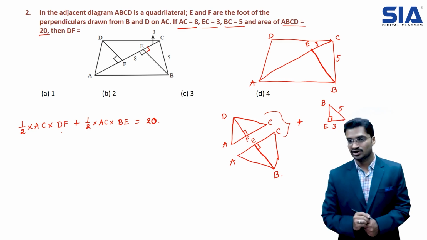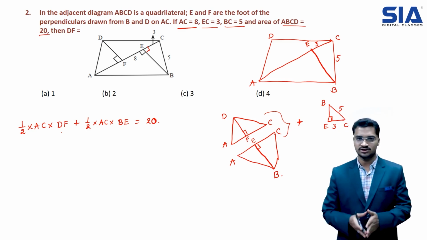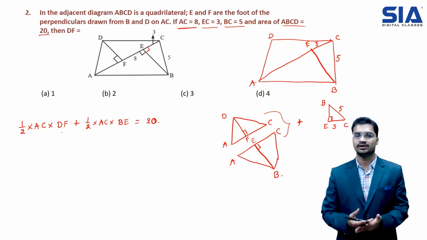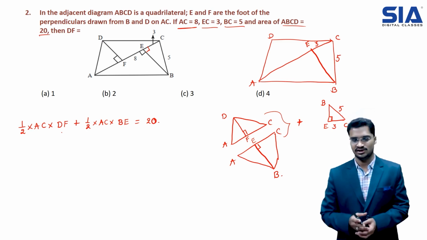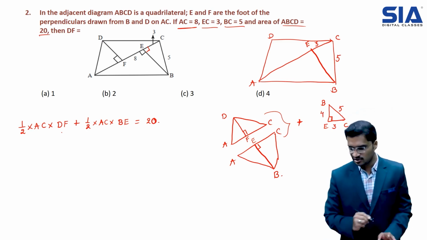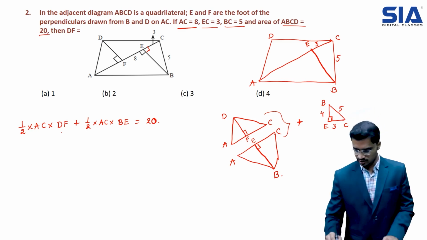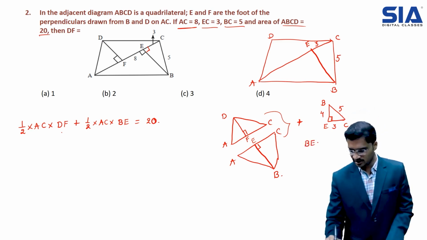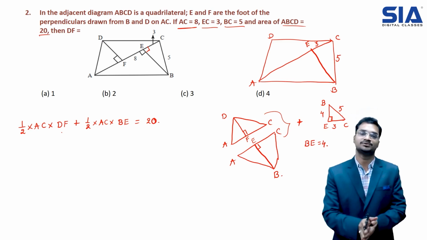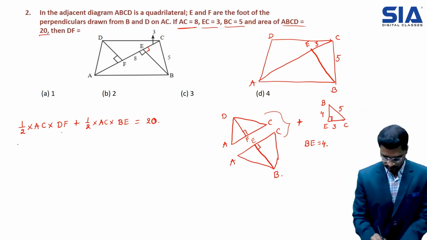So in this triangle BEC, I can apply the Pythagoras theorem. After applying it, I can find the value of BE. The value of BE will be 4. Now let us substitute these values in our formula.